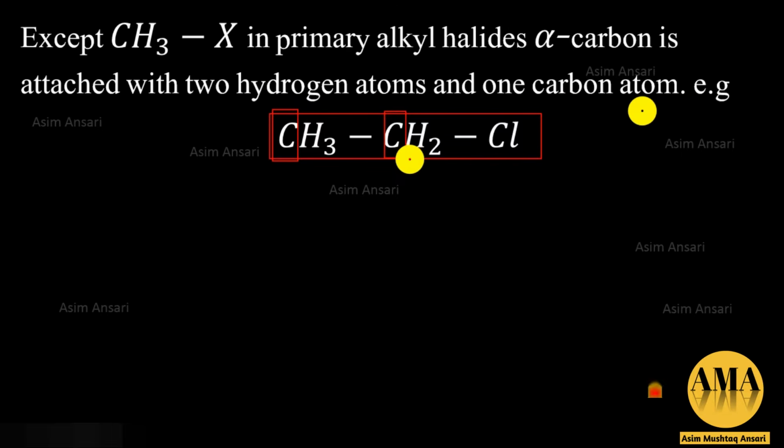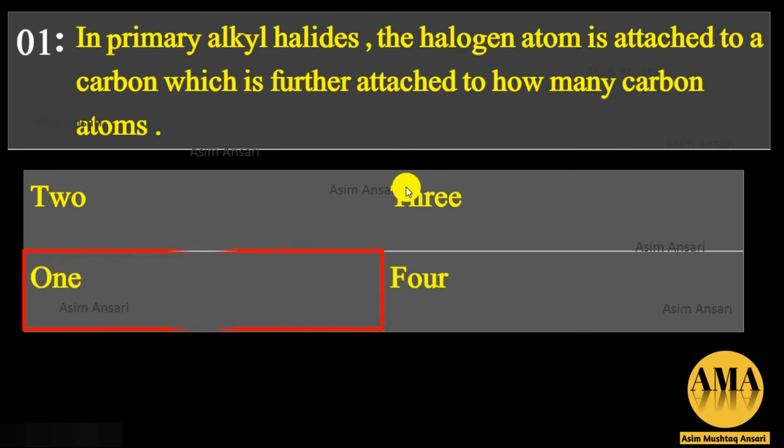Alpha carbon is that carbon which is directly attached to the halogen atom. So the exact answer is 1.